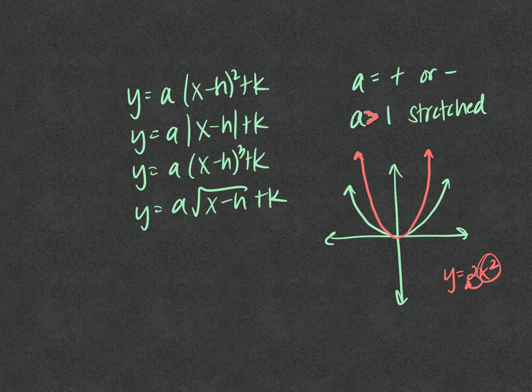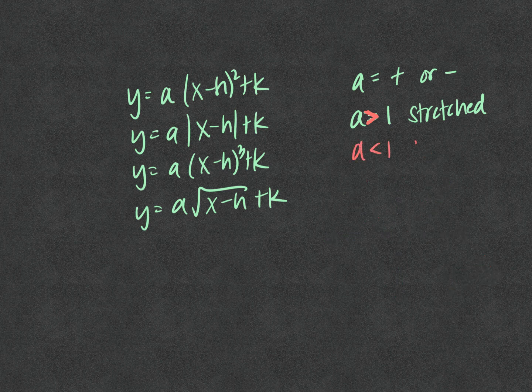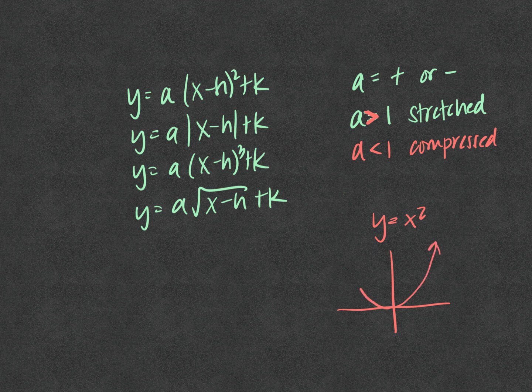So what happens if a is less than 1? So if a is less than 1, this is compressed or pushed down. So if we say y equals x squared, we have our nice parabola as usual.